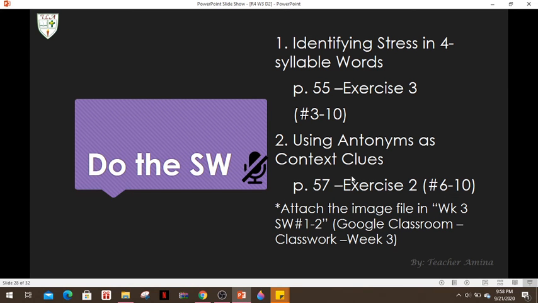For your sit work for today, for the lesson identifying stress in four-syllable words, you will do page 55, exercise 3, numbers 3 to 10. For the lesson using antonyms as context clues, you will do page 57, exercise 2, numbers 6 to 10. Take a picture of your work and attach the image file in week 3, sit work 1 to 2.